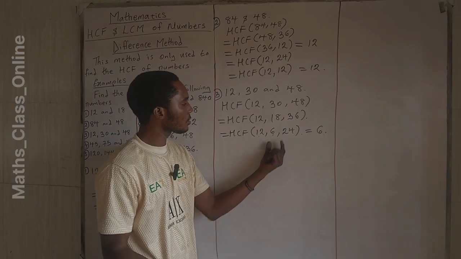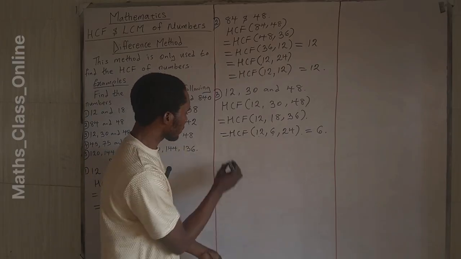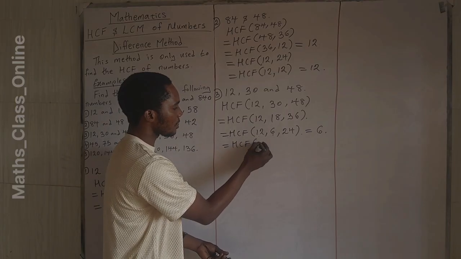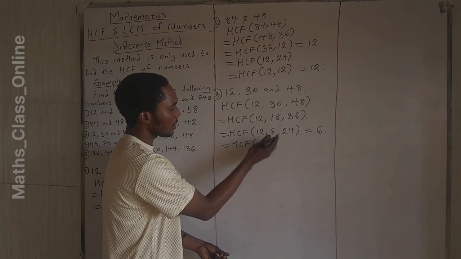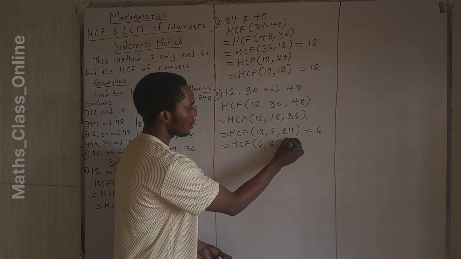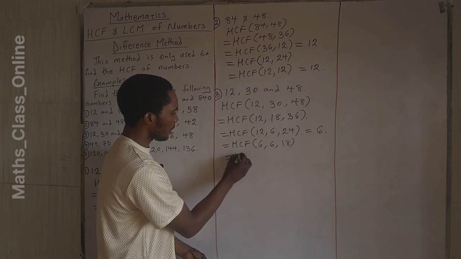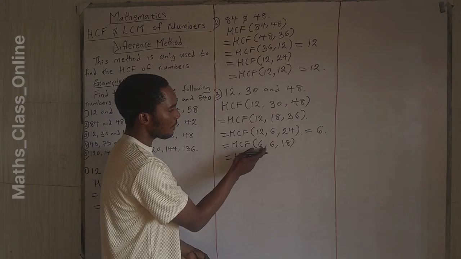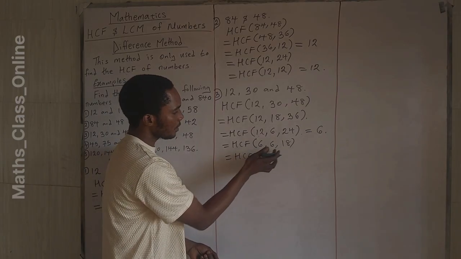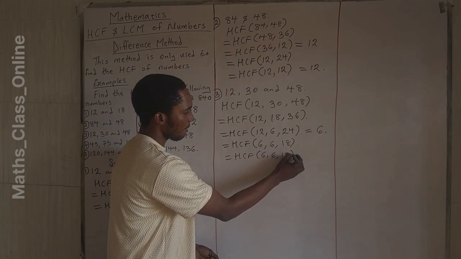We may also decide not to stop here. That means we will have HCF equals the least number here, which is 6. 12 minus 6, that is 6. 24 minus 6, that is 18. HCF, the least number here is what? 6. 18 minus 6, that is 12.